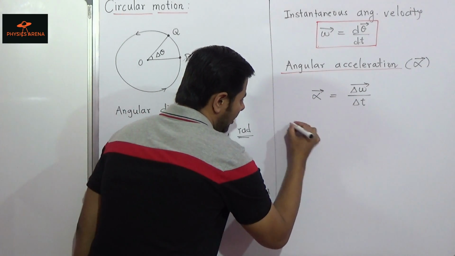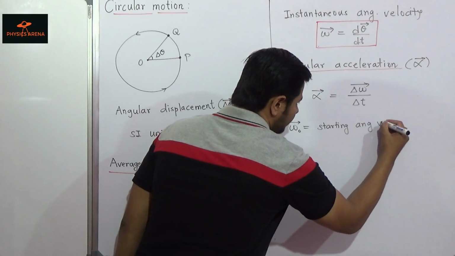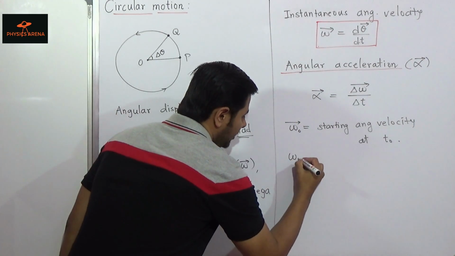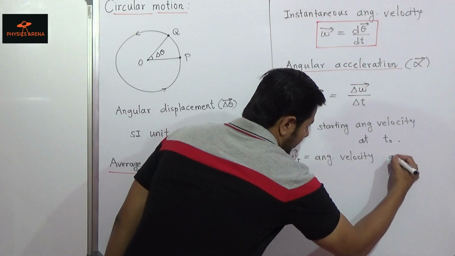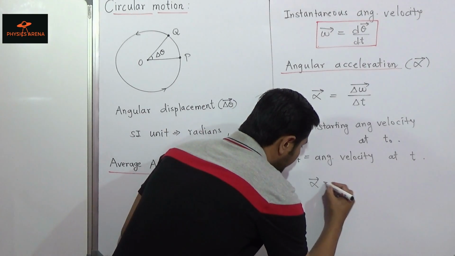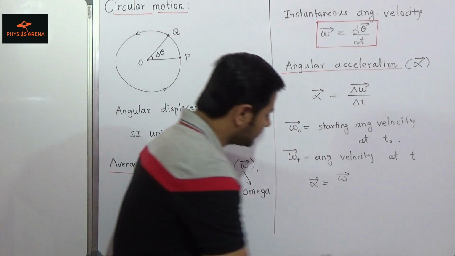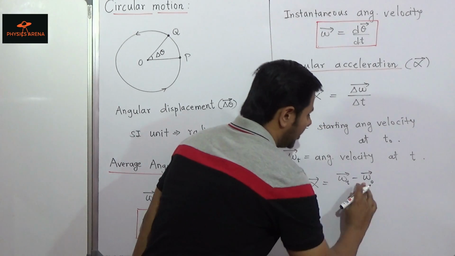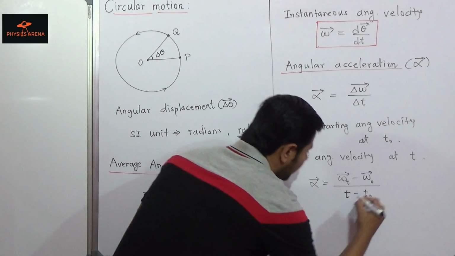So suppose omega naught is the starting angular velocity at time t naught, and omega t is angular velocity at some time t, then we can find alpha equal to change in angular velocity, which will be omega at time t minus omega at start, omega at t naught is omega naught, divided by t minus t naught.